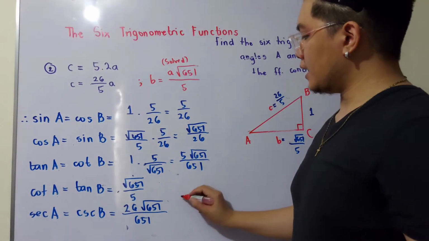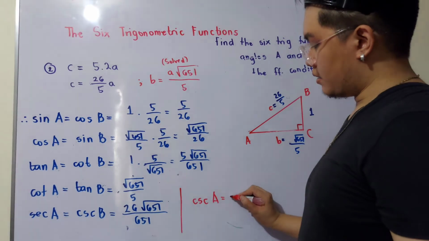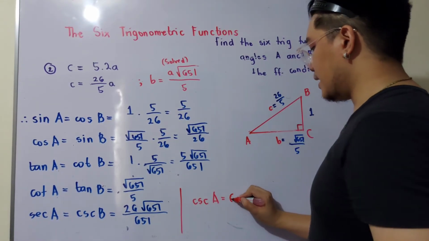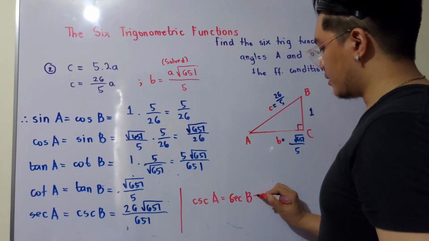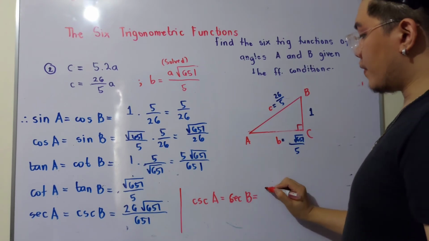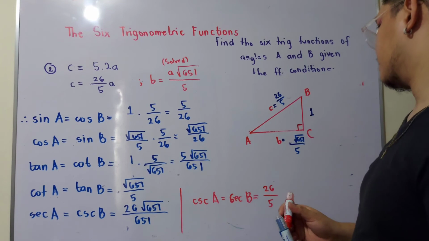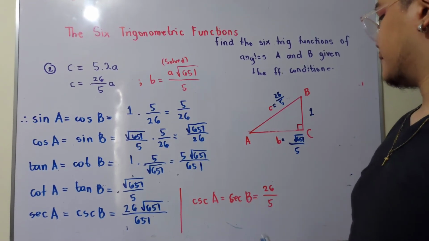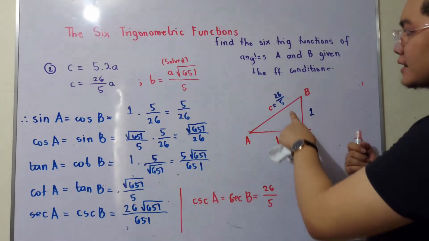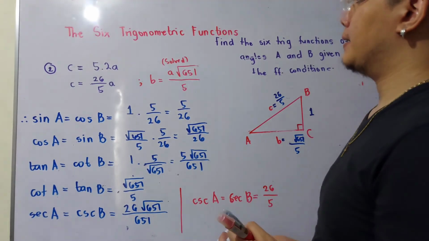And then finally, we have the cosecant A. Ito equal sa secant ng B. Reciprocal nito. So, we have 26 over 5. Yan. So, yan na yung ating sagot. Yun, important guys na tandaan nyo yung ginawa natin dito, no? Yung sa similar triangles.